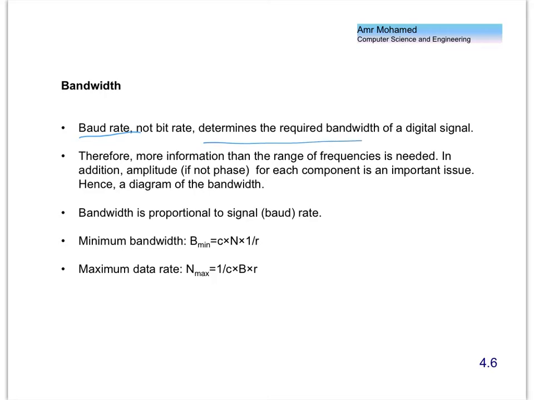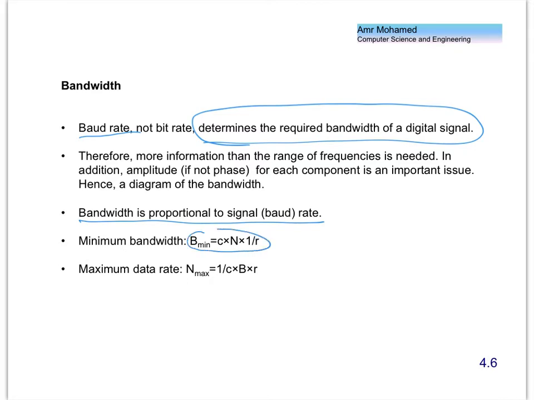So talk about the baud rate. The baud rate determines the required bandwidth of the digital signal, which is the rate of changes. So the bandwidth is proportional to the rate of changes in that digital element, so the bandwidth is proportional to the signal rate.